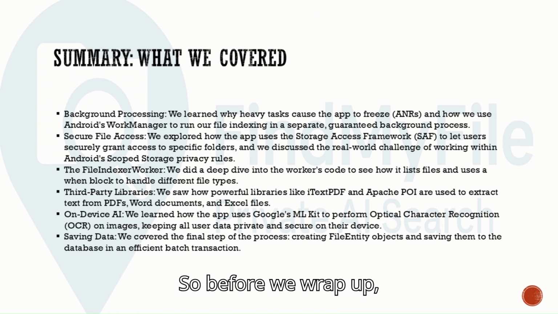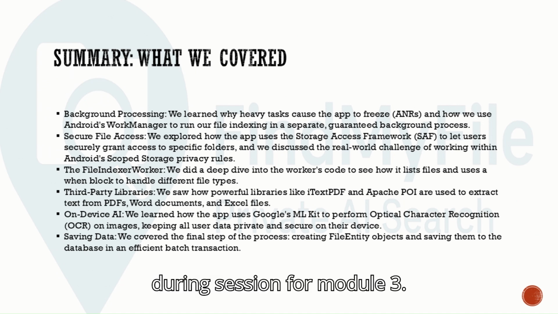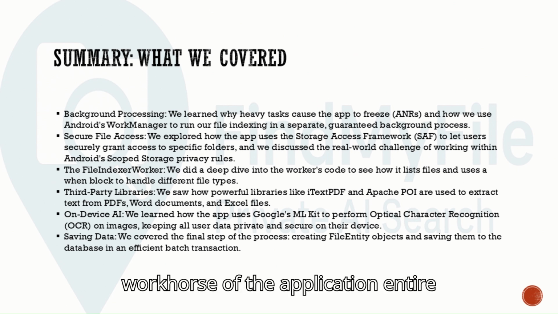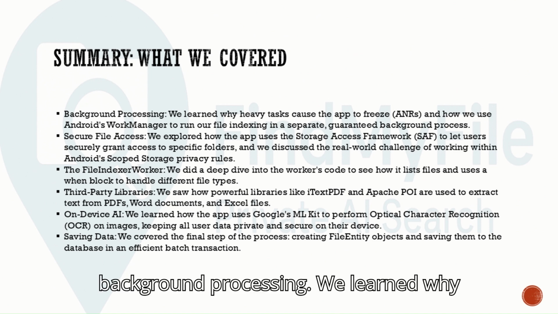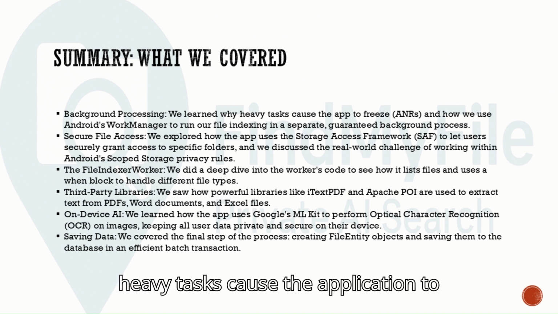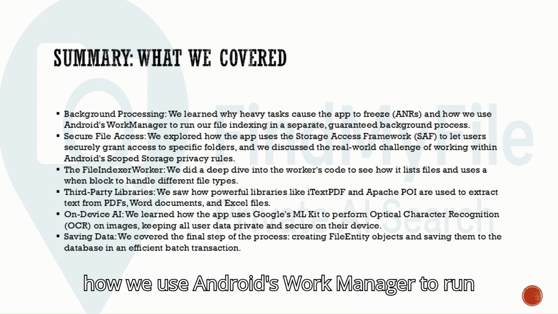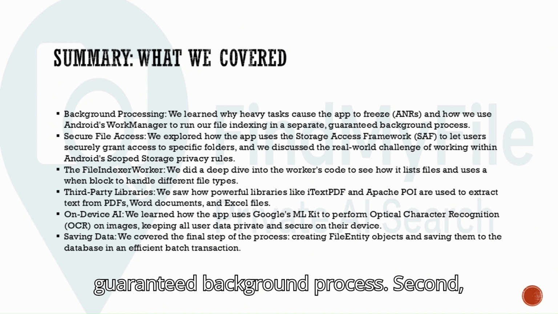So before we wrap up, let's look at what we have done during this session for module 3. In this module, we covered the workhorse of the application, the entire on-device file processing pipeline. Background processing: we learned why heavy tasks cause the application to freeze and ANRs to be generated, and how we use Android's WorkManager to run our file indexing in a separate guaranteed background process.